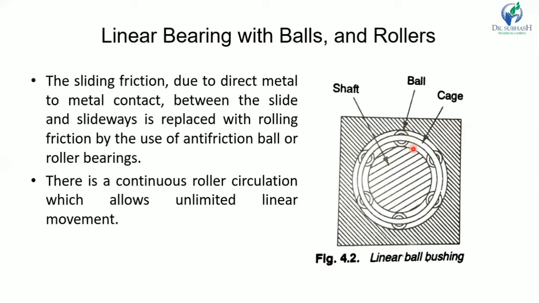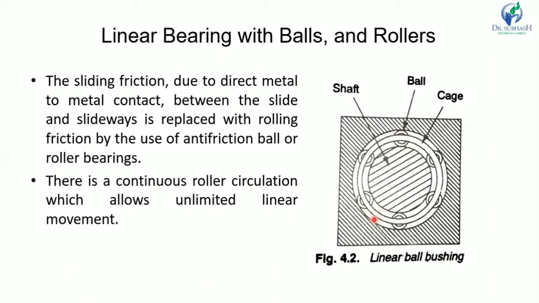The linear ball bush, shown in this figure, uses a recirculating ball within a bush type of bearing, and these are designed to run along a precision ground shaft and offer frictionless movement over varying stroke lengths with high linear precision.